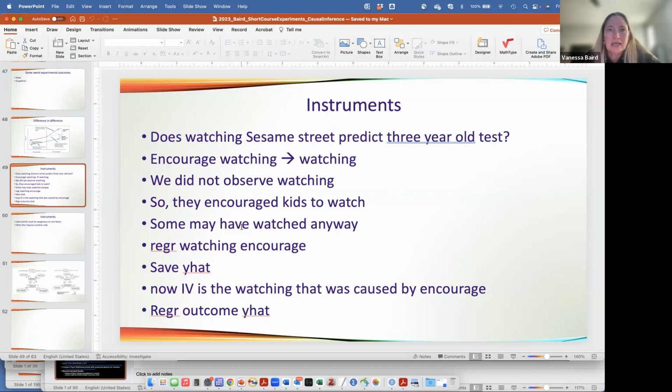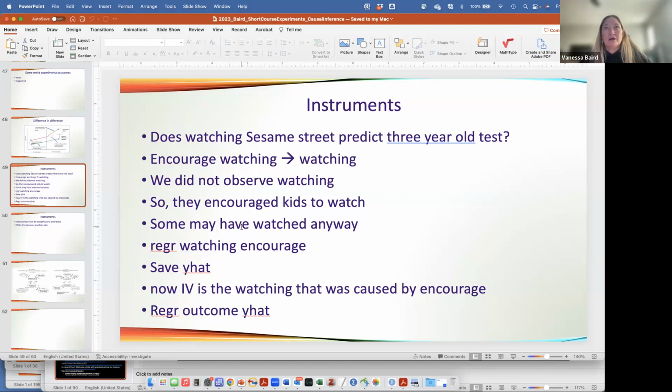So they would look at, okay, did we encourage, with a random sample assignment: we encouraged half the parents to watch Sesame Street, and we said nothing to the other parents. Well, there's a lot of heterogeneity, because parents, instead of watching Sesame Street, might be reading with their kids instead, or something like that. And so it's hard to know what difference it makes.